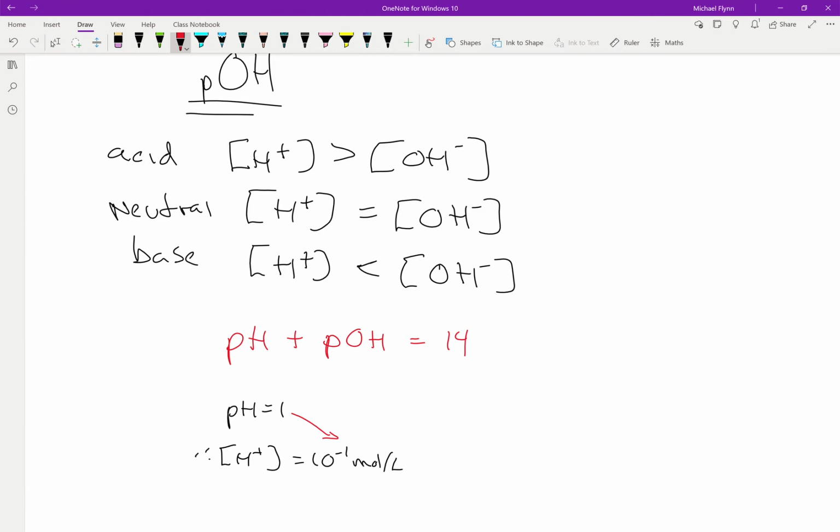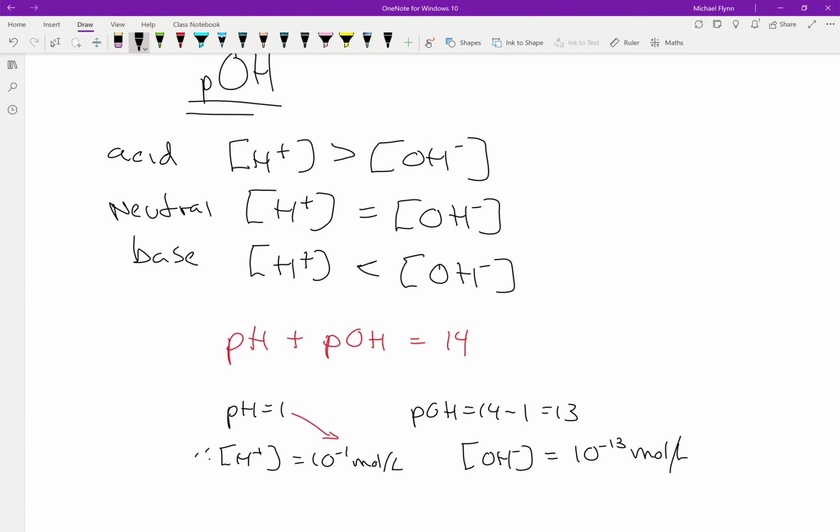Now, what about the pOH though? Well, since the pOH and the pH add to 14, therefore the pOH will equal 14 minus 1 equals 13, and what that means is that the concentration of OH minus in solution would be 10 to the negative 13 moles per liter.